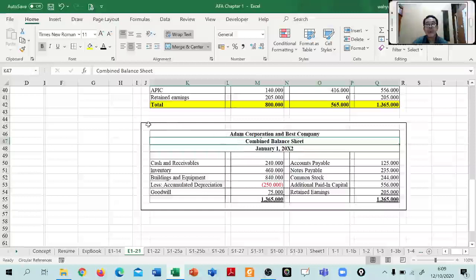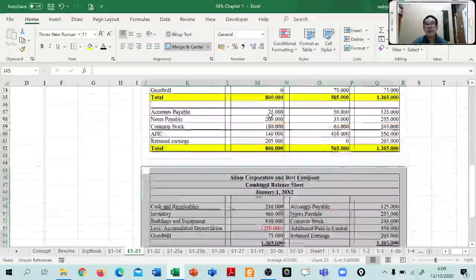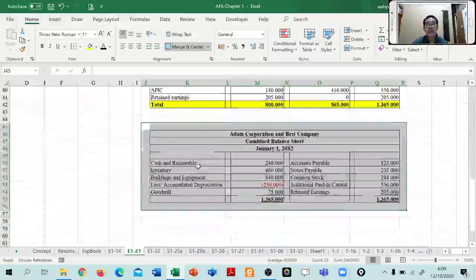based on that working paper. This is a working paper of the consolidation of the balance sheet. So we make this one.